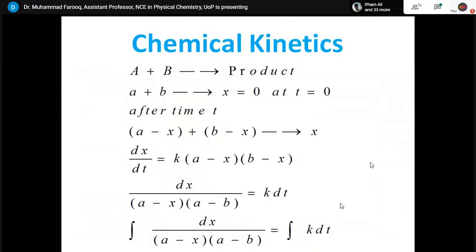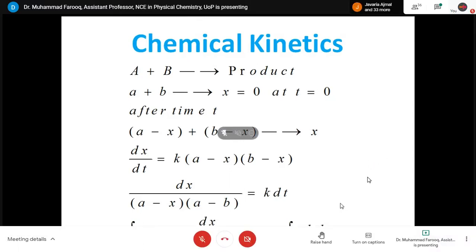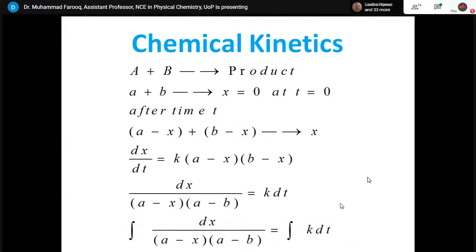So A will be the initial concentration, B will be the initial concentration. A moles will be present, B moles will be present, and X is equal to 0 at time 0. After time t, the remaining concentration of A will be A minus X, and B minus X will be the remaining concentration of B, where X is the product formed.